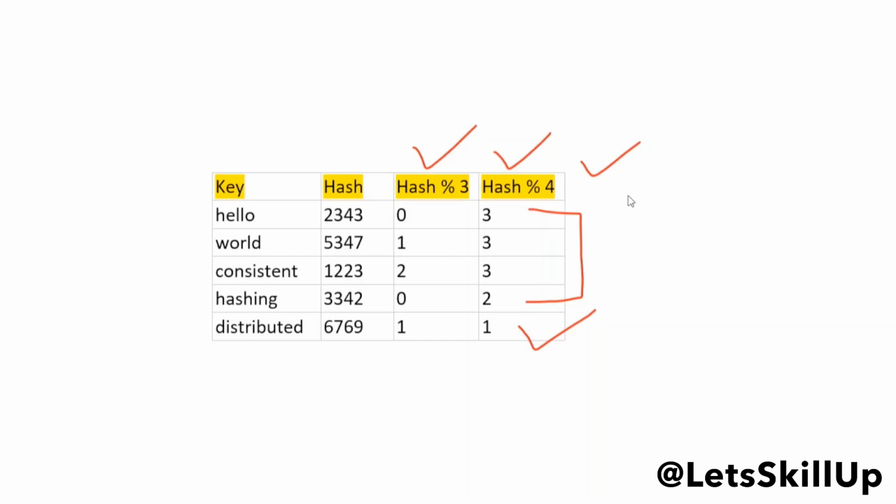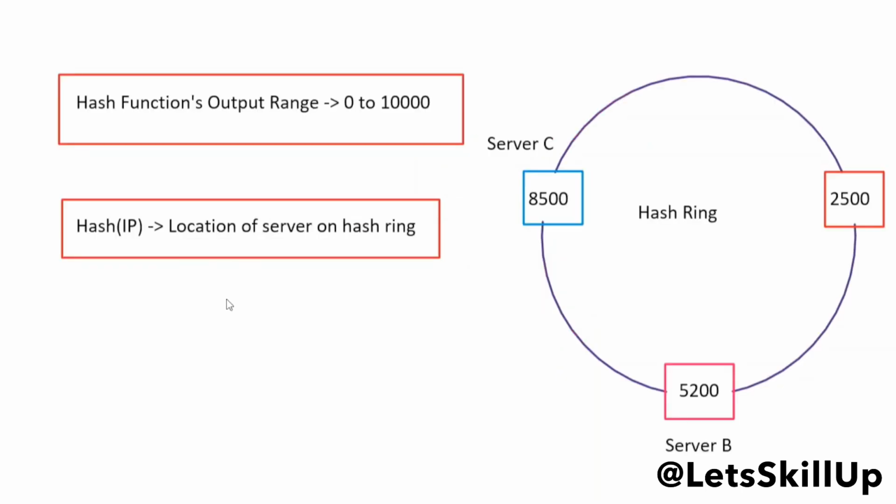Now let's understand how consistent hashing solves this problem. Consistent hashing is a distributed hashing scheme that operates independently of the number of servers or objects in a distributed hash table. We refer to it as a distributed hashing scheme because our keys are spread over multiple servers in this case.